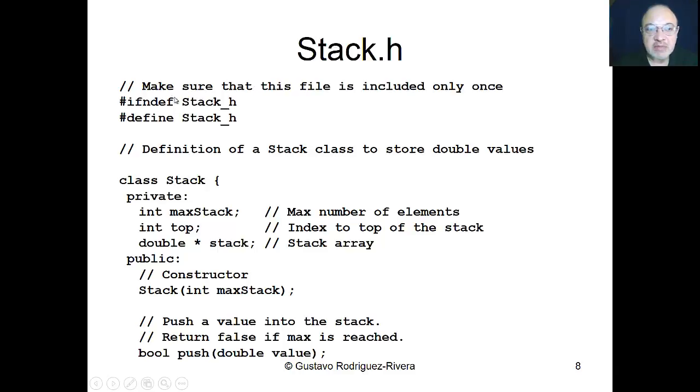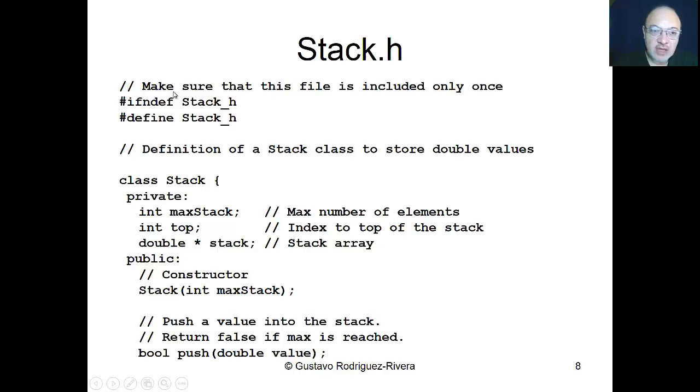What this macro instruction does is, if the STACK_H macro definition is not defined, then it's going to go ahead and include the whole header file, and it's going to define a macro STACK_H to prevent this file from being included again.